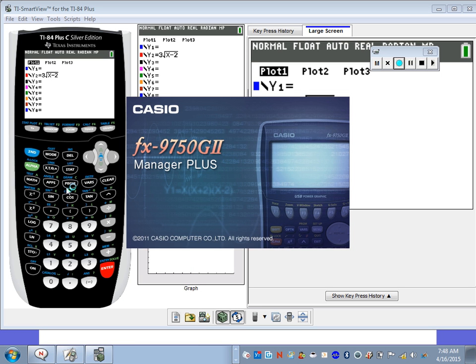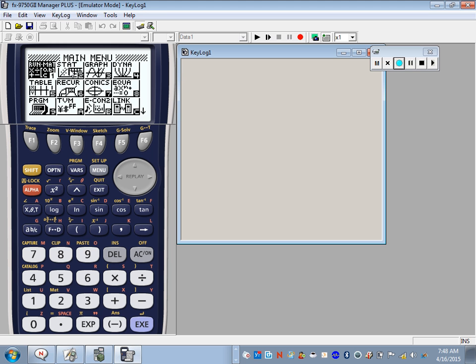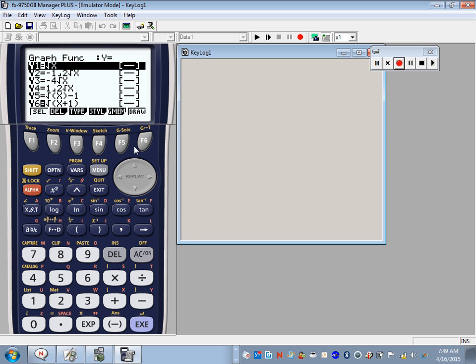With our Casio, we're just going to go here to 3. I have a whole lot of stuff here because I've been working on radicals with my other class, so let's unselect that. What we want to do is 2 to the x for the equation.